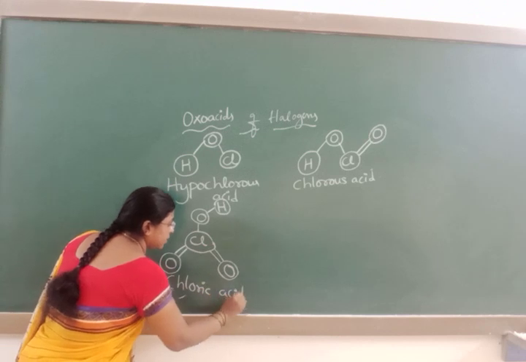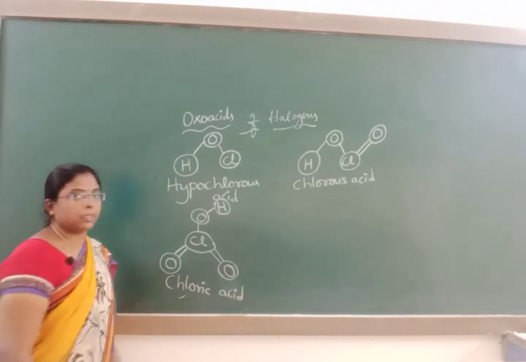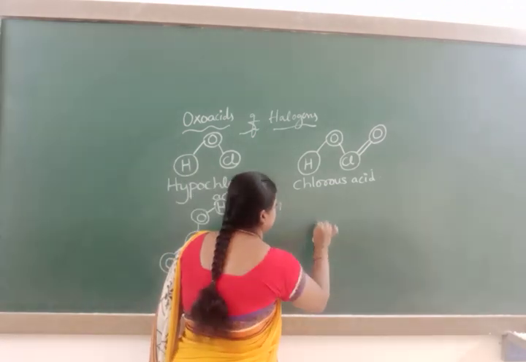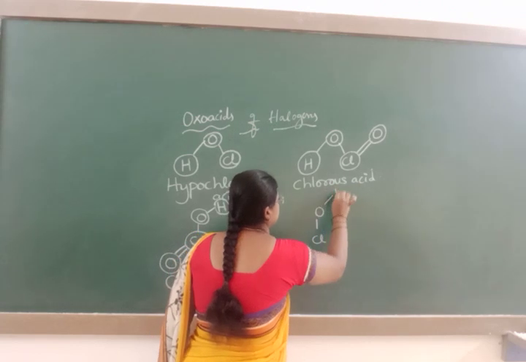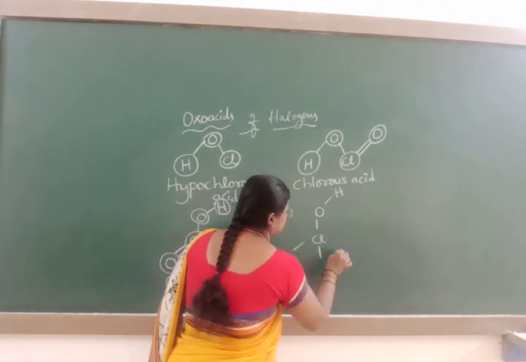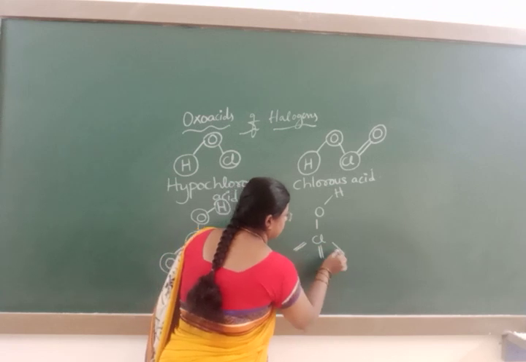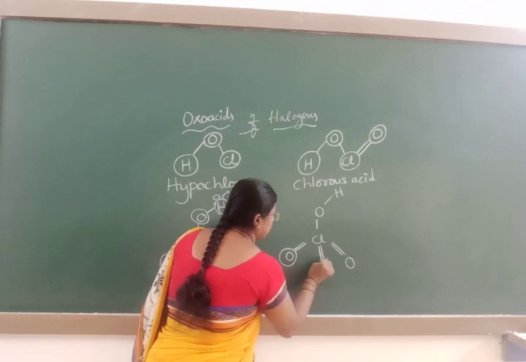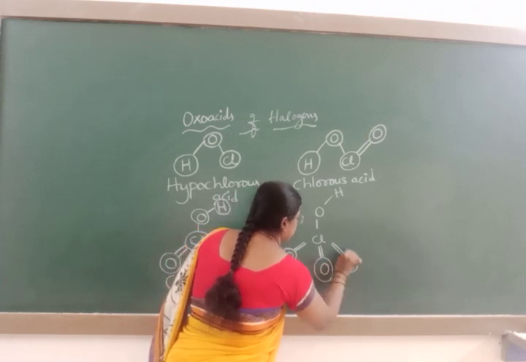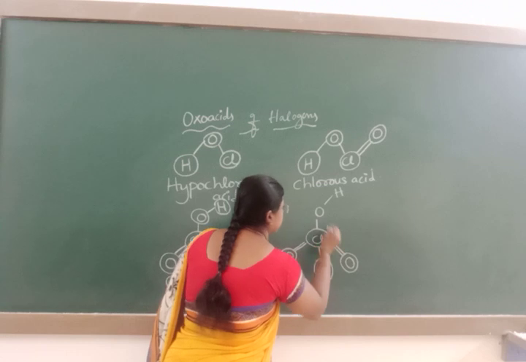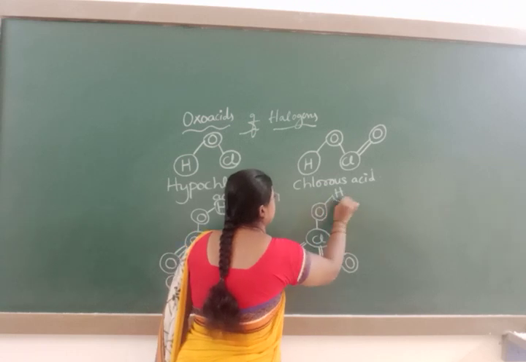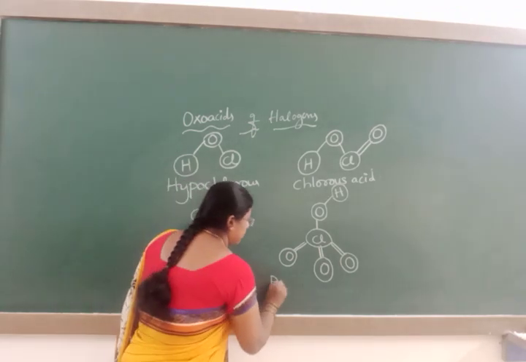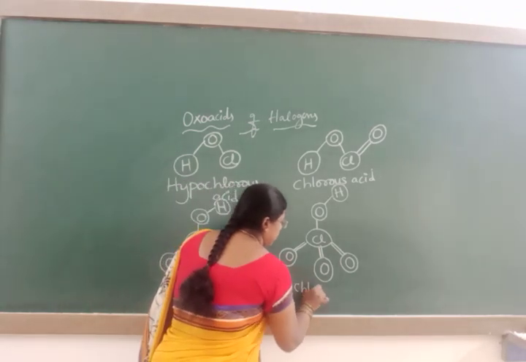If one extra oxygen is added, HClO4, it is known as perchloric acid.